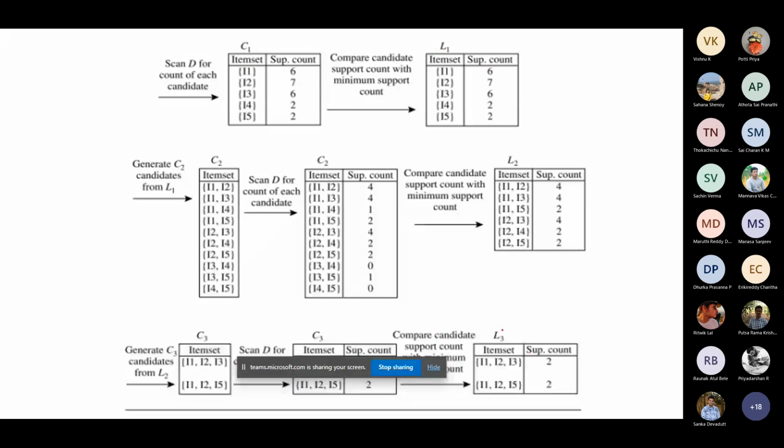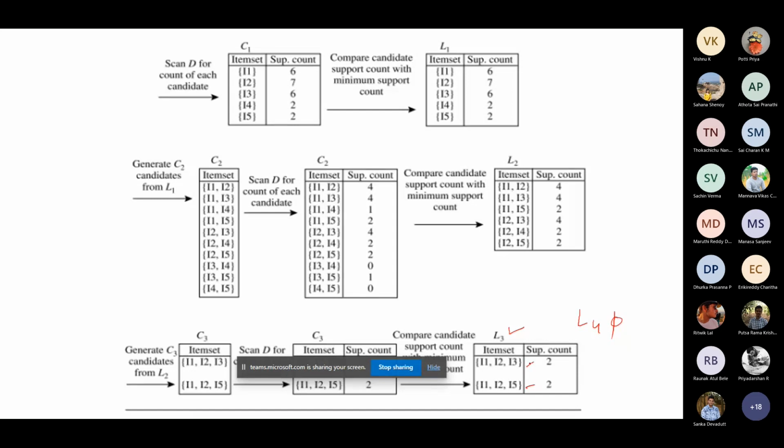Final solution is L3 because L4 is empty. In L3, we are getting two item sets, I1, I2, I3 and I1, I2, I5, with the support count equal to 2. What does it mean? It means the customers are purchasing these two item sets frequently.